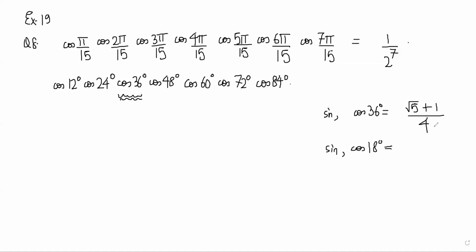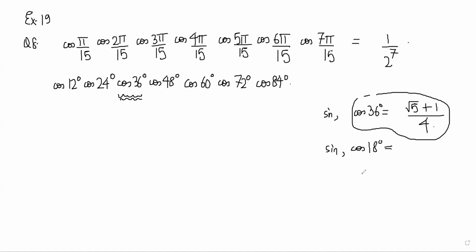Do you know the proof of how to get it? Yes, sir. We can say that cos of 36 degrees is sine of 54 degrees. And suppose we take theta as 18 degrees, we can say cos of 2 theta equals sine of 3 theta.